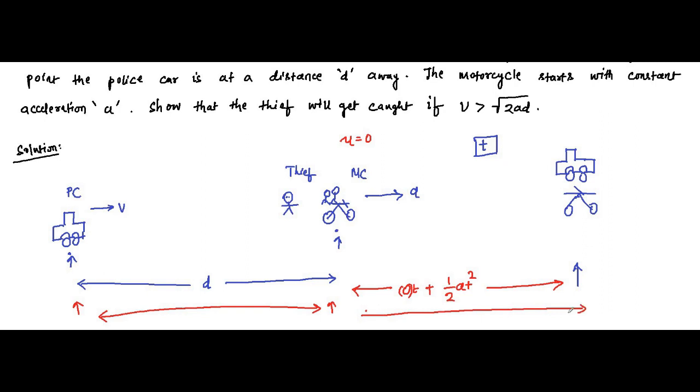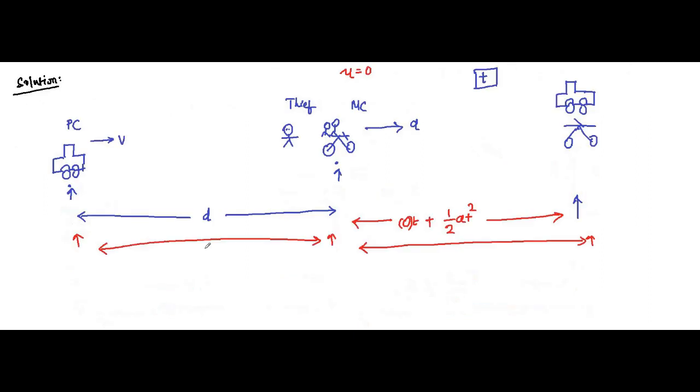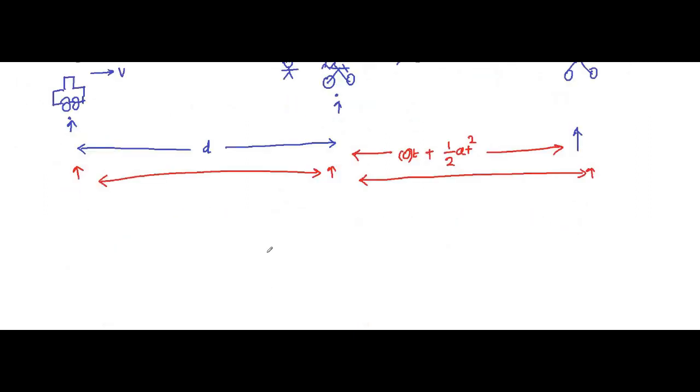So the total distance covered by the police car is d plus half at square. This is the total distance which has to be covered by the police car.